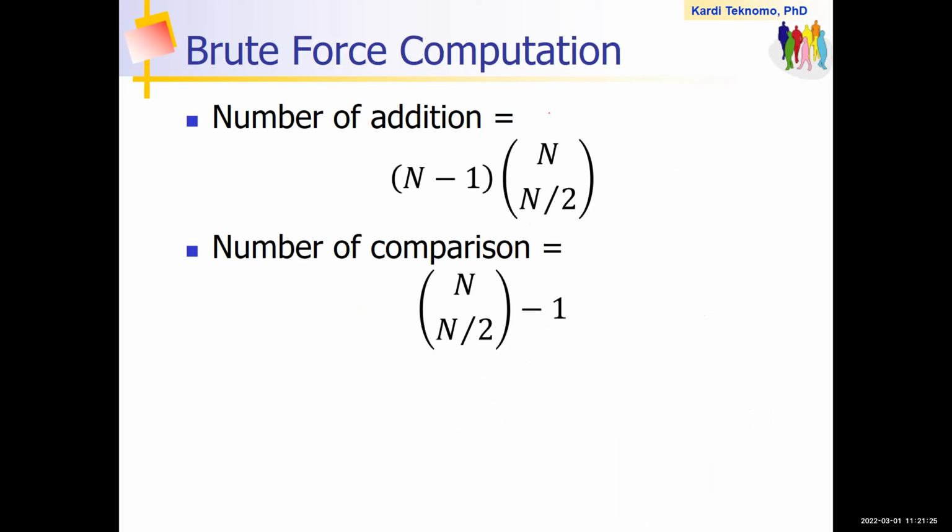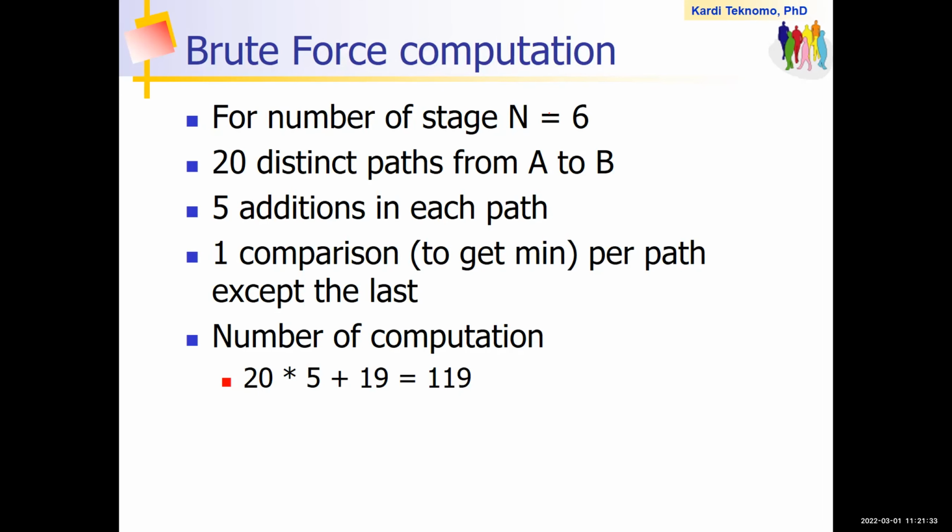But if you look at the number of additions and the number of comparisons, this is the formula. Now, if you use the brute force computation for n equals 6 stages, you have 20 distinct paths from A to B, consisting of 5 additions on each path and 1 comparison to get the minimum per path, except the last, right? So the number of computations becomes 20 multiplied by 5, plus 19.